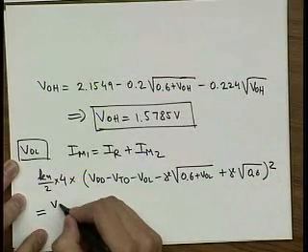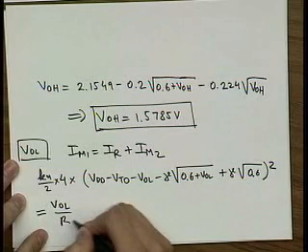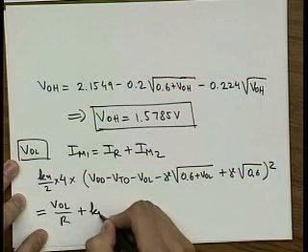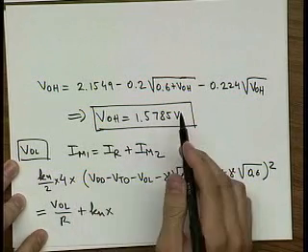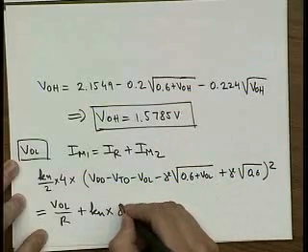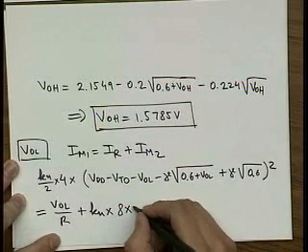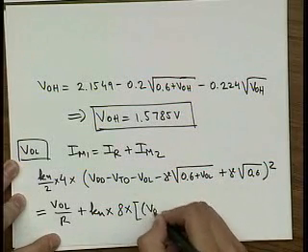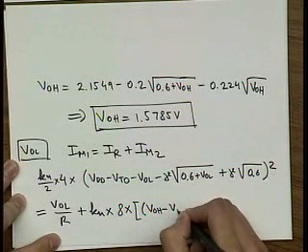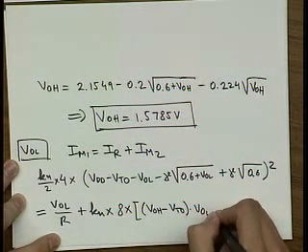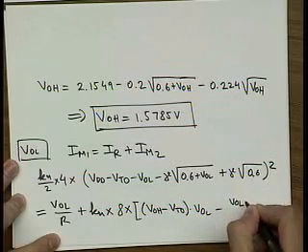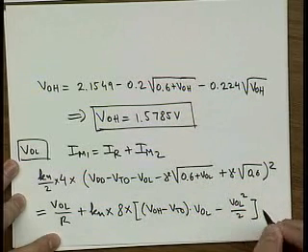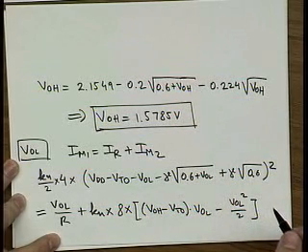So now you have your IR is VOL over R, plus Kn times W over L for the bottom transistor, which is 8, times now you have VOH minus VT naught times VOL minus VOL squared over 2. And now you need to plug in this.